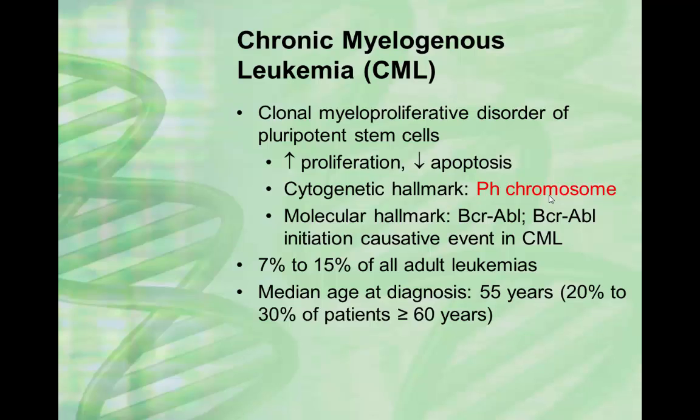So basically, there's a fusion of the genes BCR and ABL. It is important in the pathogenesis and expression of CML, and this results in the production of a specific tyrosine kinase.